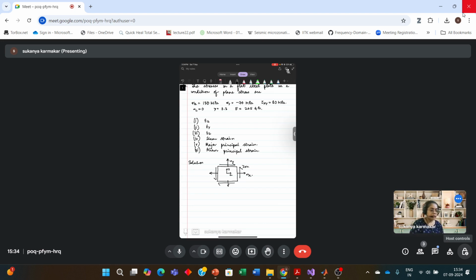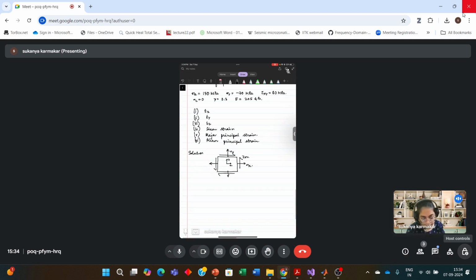So first you can locate the value of the principal stresses. How will we calculate the principal stress? You can use the concept of Mohr circle.